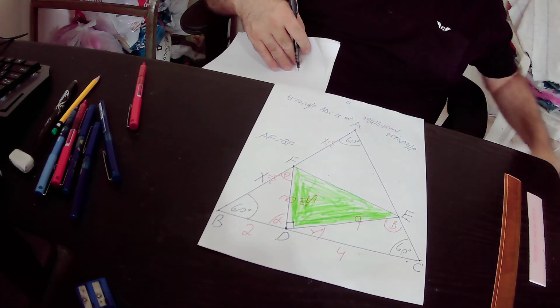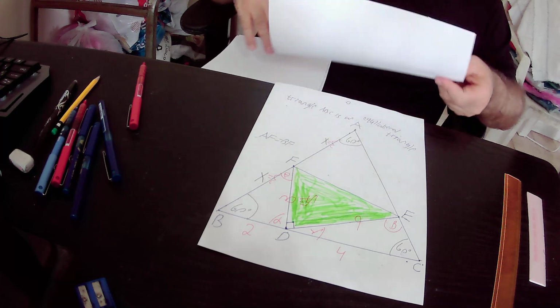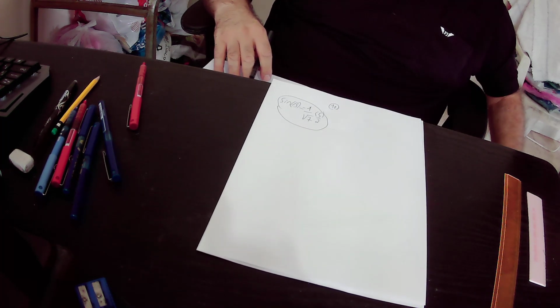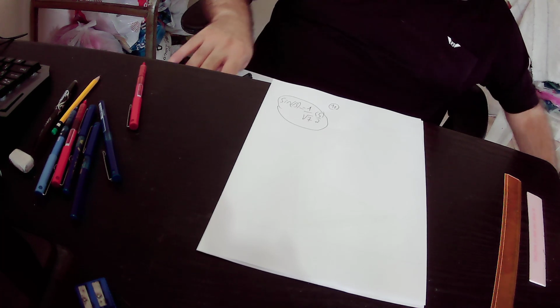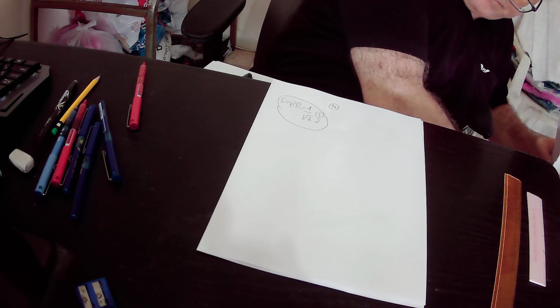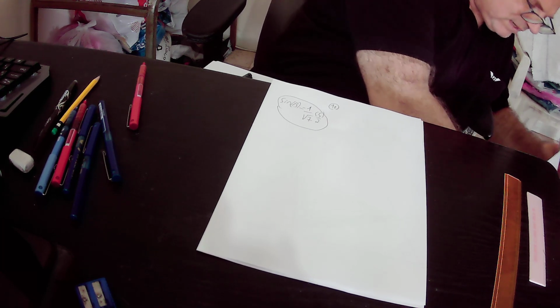Okay, so we actually found out the value of sine beta. Sine beta equals 5 over root 7 times 2.